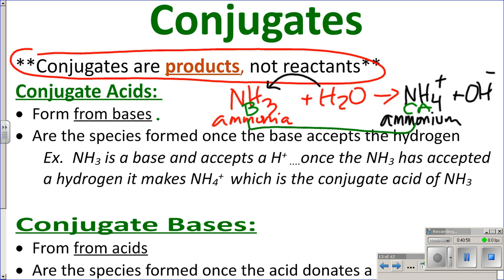If I reverse this reaction, if I went from here to here, what is this ammonium going to do? You can see that it did what from here to here. We're not talking about electrons here. It lost a proton, yeah?